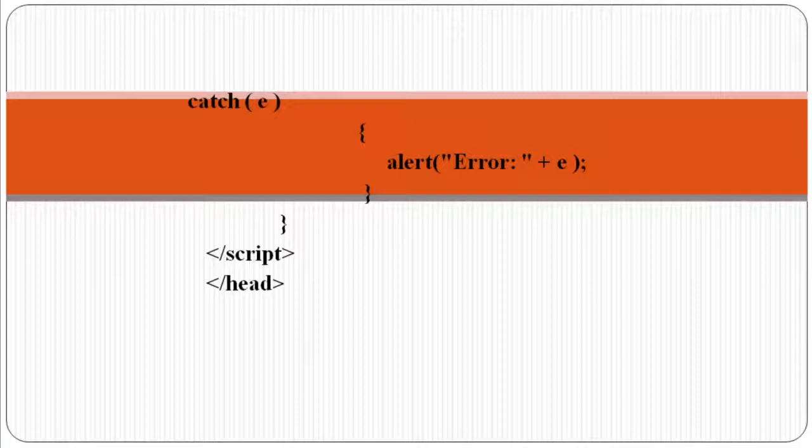If the value b equals 0, then it will create an exception. It throws an exception, that is exception e, and it is caught by the catch statement. What will it display? The error message.